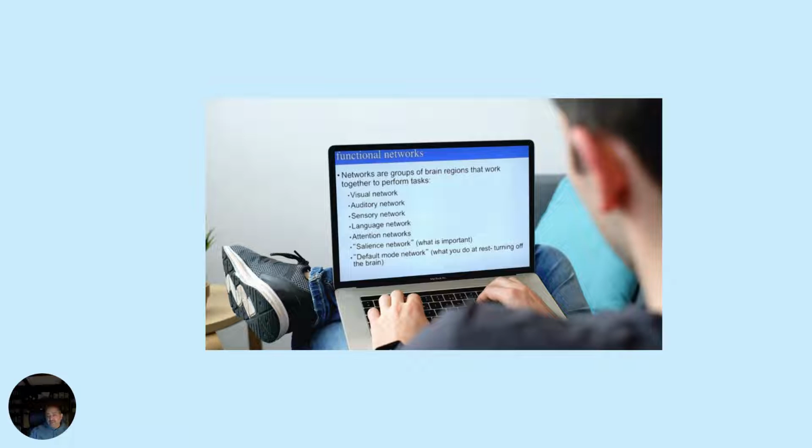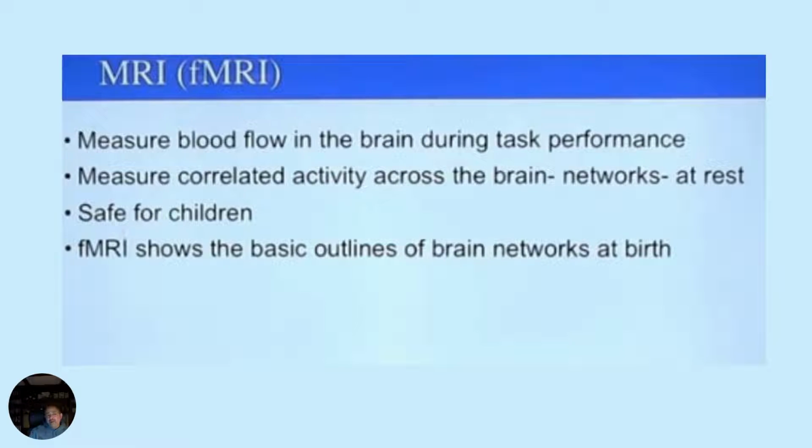That's the functional networks. Now, what fMRI does is measure the blood flow in the brain during a task performance. When an fMRI is done and you're given a task to do, it scans what the brain is doing, and it scans the blood flow in your brain.